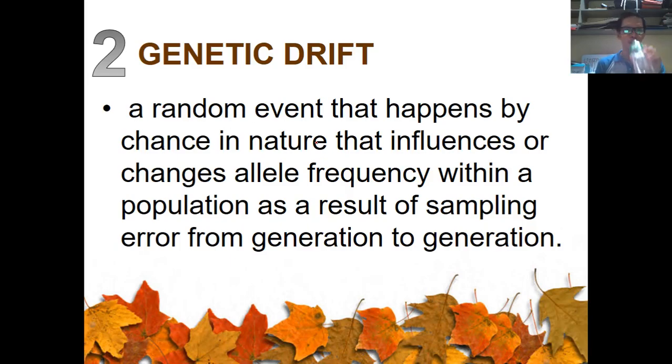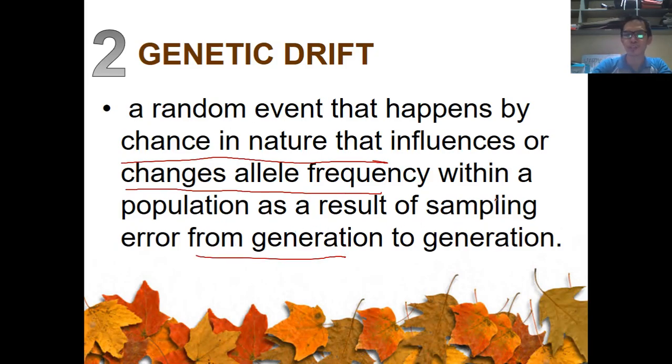Now the second one that we have right here is what they call genetic drift. Genetic drift is a random event that happens by chance in nature that influences changes in allele frequency within the population as a result of sampling error from generation to generation.